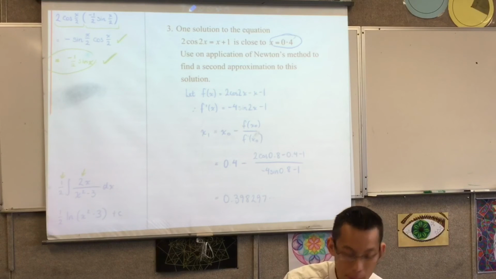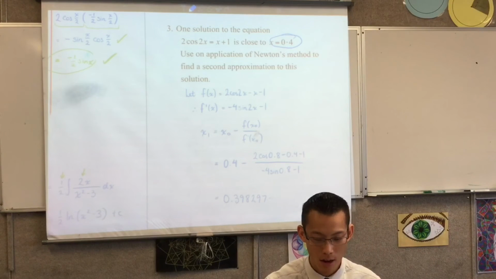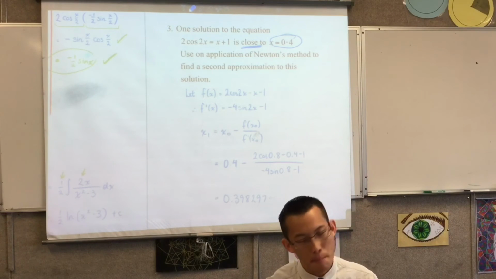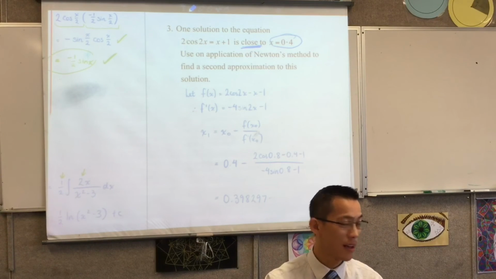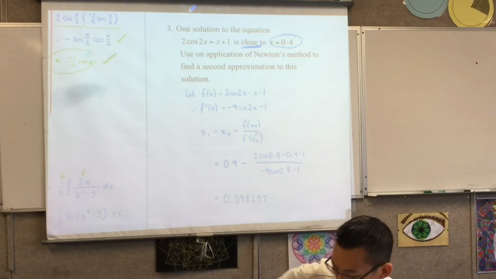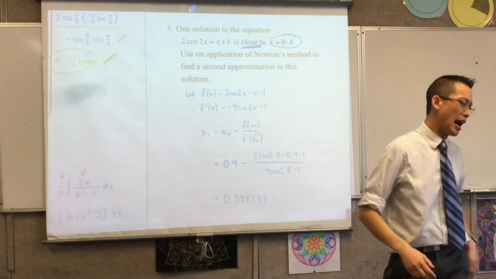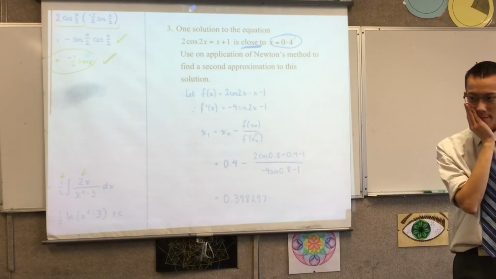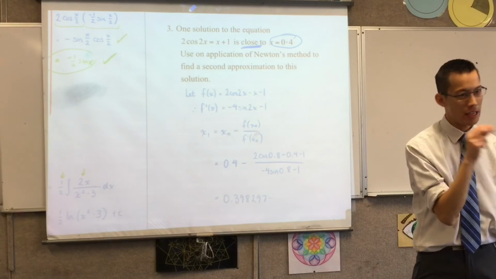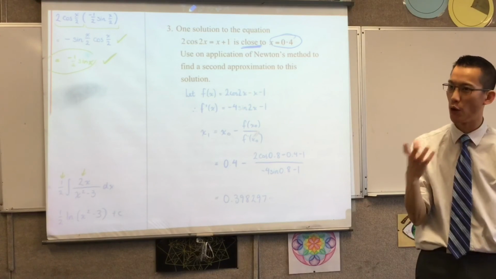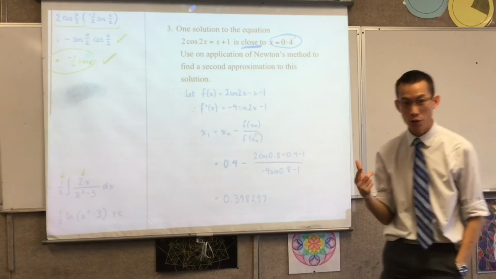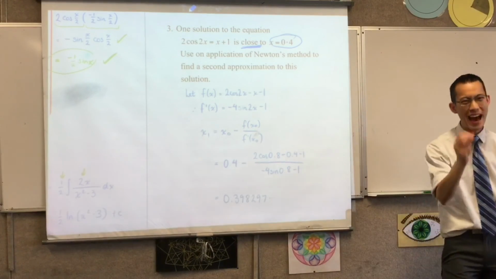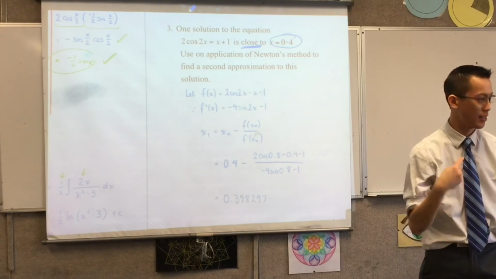You guys remember how quickly Newton's method went, right? And they're already telling you it should be close to this. Newton's method makes mincemeat of an approximation task. I think I said when I first introduced Newton's method that, if you use it in the right context and avoid all the traps we saw before, you basically double the number of decimal places of accuracy with every successive application.